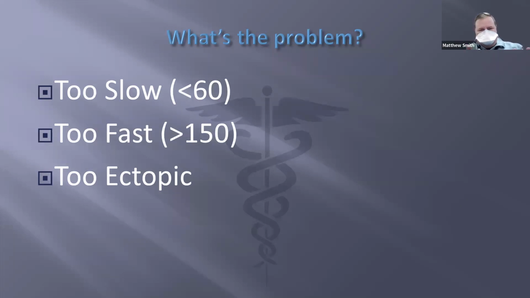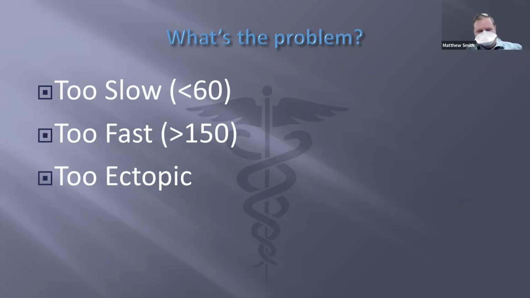So we're talking about what the problem is with the heart. It's either too slow, which means heart rate less than 60, too fast, which means the heart rate's greater than 150, or too ectopic, which means that the electrical activity isn't originating from or going to where we would like it to go.